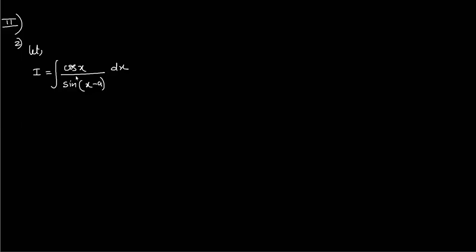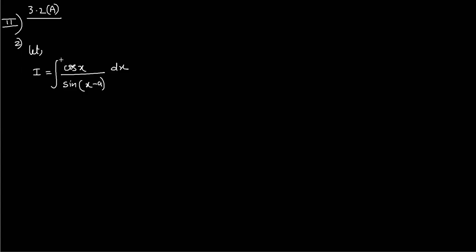So let's solve this problem: the integral of cos of x upon sine of x minus a. This is from the same exercise 3.2, second question. Now this question is a very specific type of question.